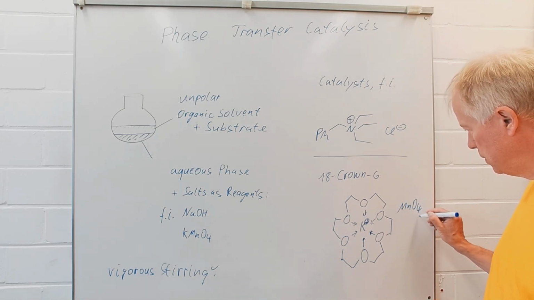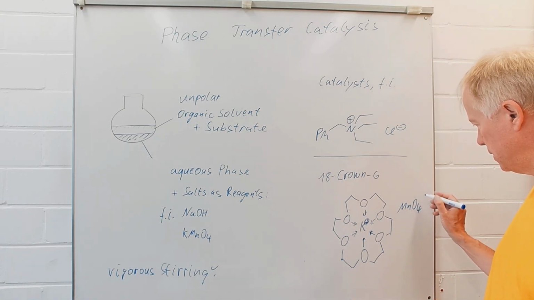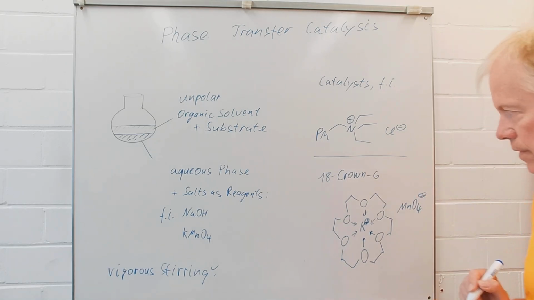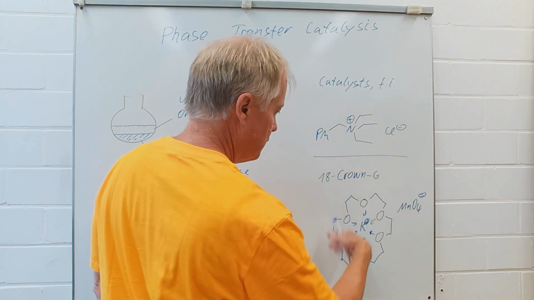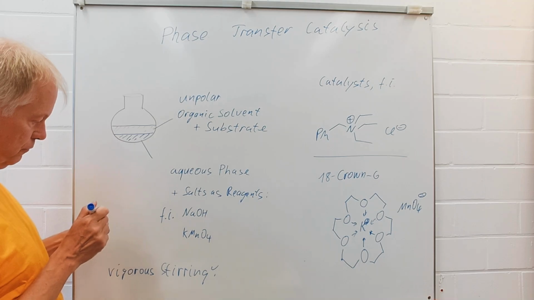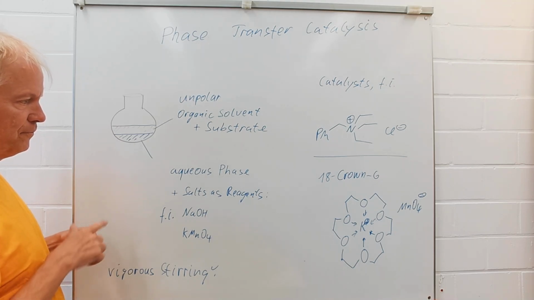For instance, the permanganate anion here, and then this complex would go into the organic phase.